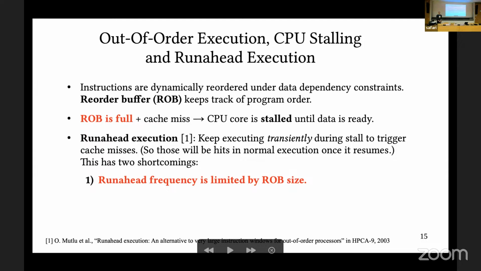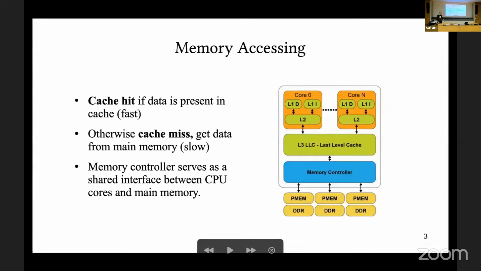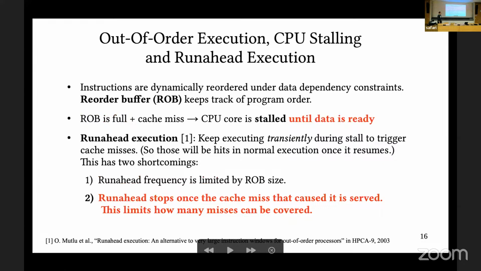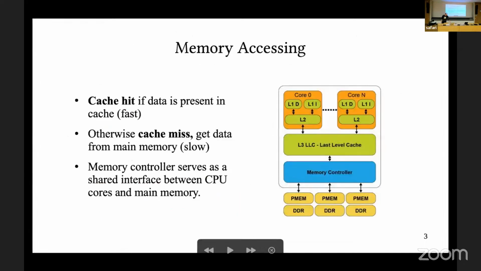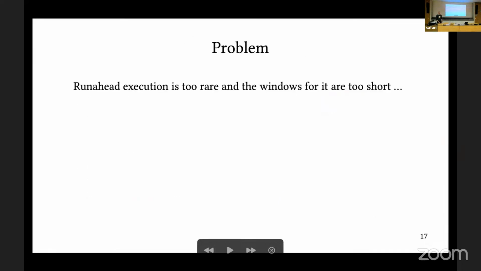You have this long latency operation, so you're limited when you actually access it, and also how long you access it, right? Because at some point the CPU can resume execution, and then you have to give it up. So the problem in general is Runahead execution is great, but we don't get to do it enough, really.